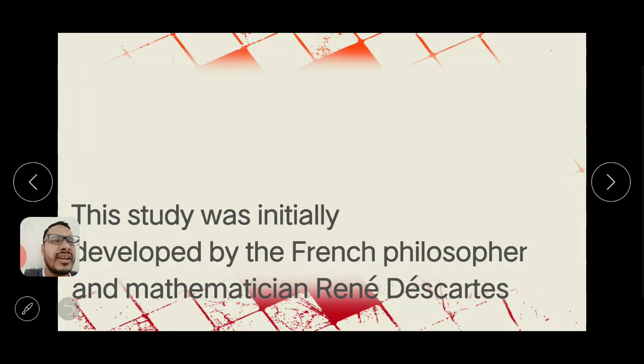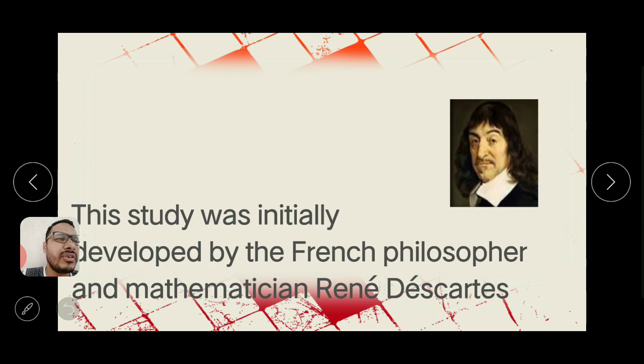Next, this study was initially developed by the French philosopher and mathematician René Descartes. If you look at the photograph of René Descartes, he was a great philosopher, and he used to think while lying on bed. In the introduction part of the NCERT chapter, a short story about how this chapter came into picture has been given.